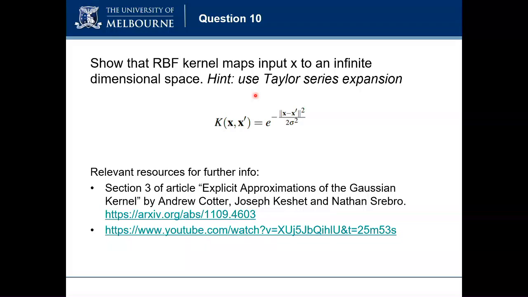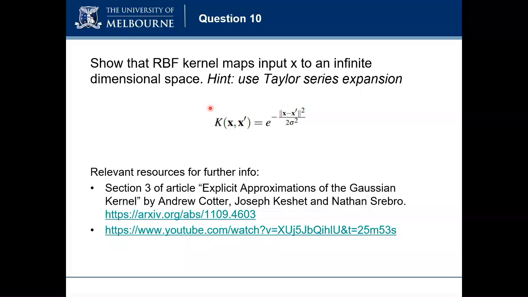I put this question, not something I ask you to derive, but I wanted to show you mathematically. If I'm given the RBF kernel, what is the phi of x? It's not obvious, right? K of x, x prime is phi of x dot phi of x prime. But I'm not given phi of x, so why does this RBF kernel work for many problems?